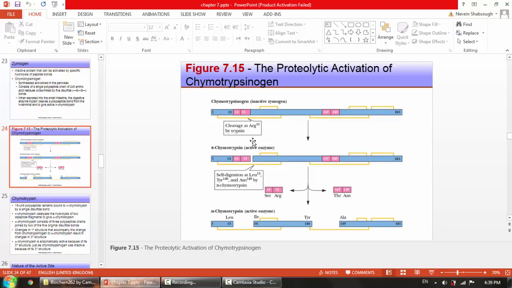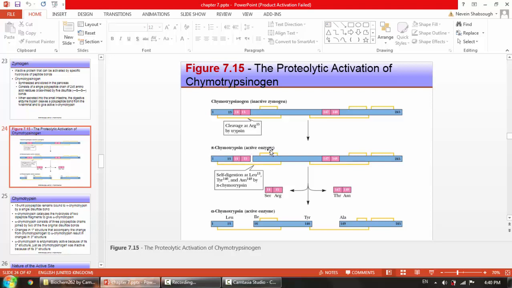It cleaves at the C-terminal of 2 amino acids, arginine and lysine. So it cleaves here on the right of the C-terminal of residue 15, and here you see a break. This is called chymotrypsin.